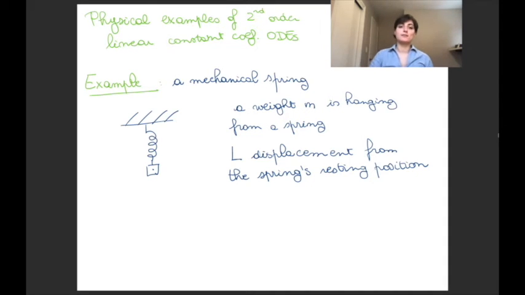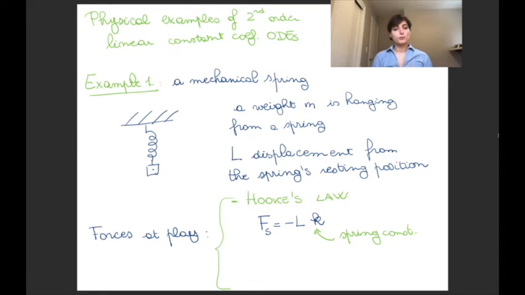And now we're going to add things to it, so the spring is going to be displaced from its normal resting position. What are the forces at play? The first is Hooke's law, which states that when you are looking at a spring that is away from the spring's resting position, there is a force towards that resting position, and the force is determined by minus the displacement times k, where k is the spring's constant.